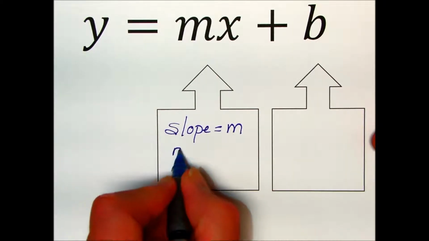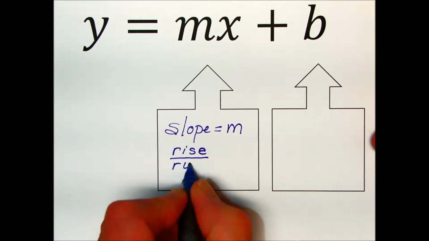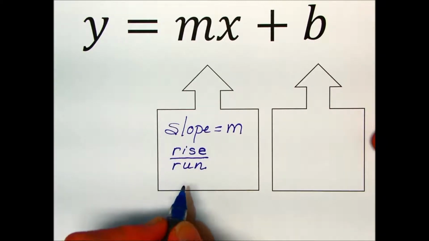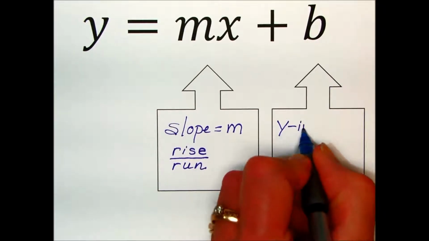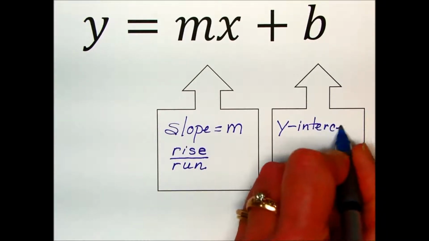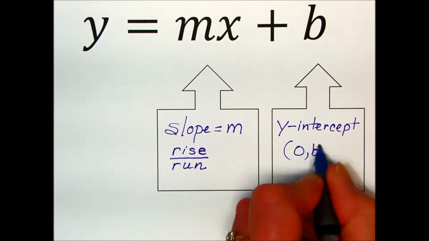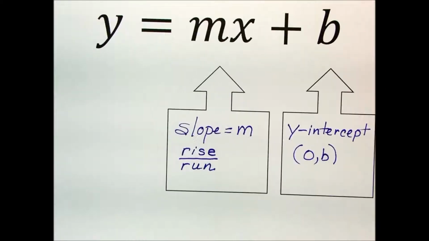In terms of graphing, slope describes the ratio of the rise over run, the vertical displacement over the horizontal displacement of that line. The plus b is our y-intercept, and it has the point with coordinates (0, b). It's where the line crosses the y-axis.